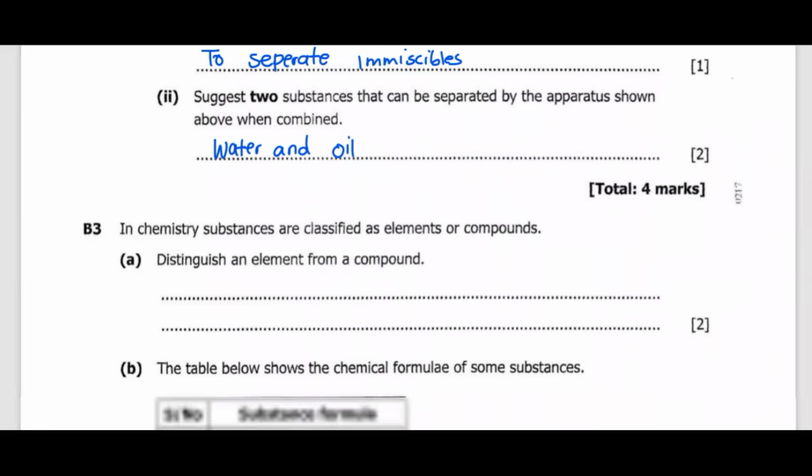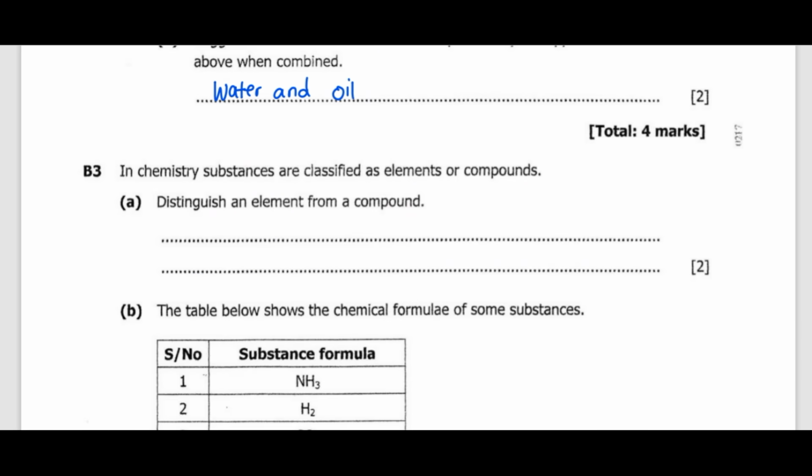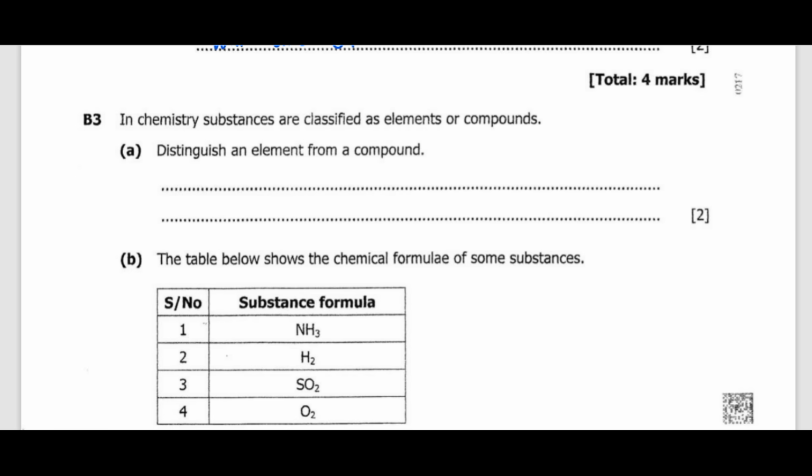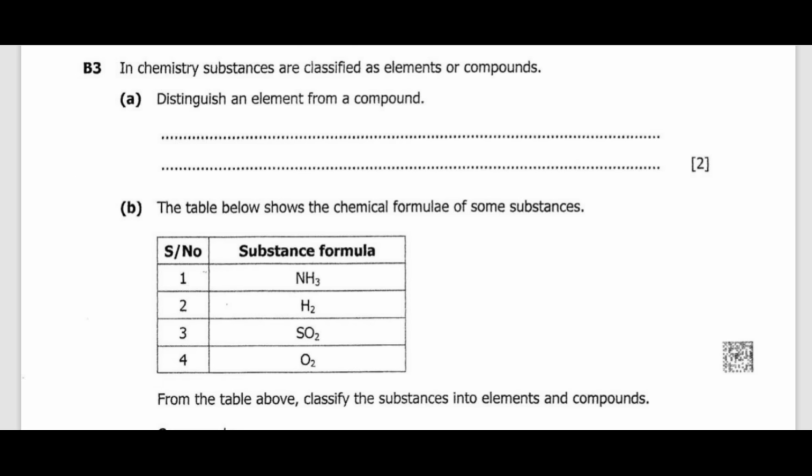Okay, so now let's move on to question B3. In chemistry, substances are classified as elements or compounds. Distinguish an element from a compound.